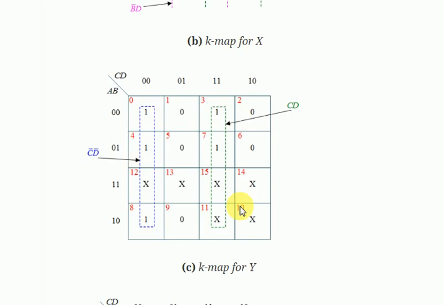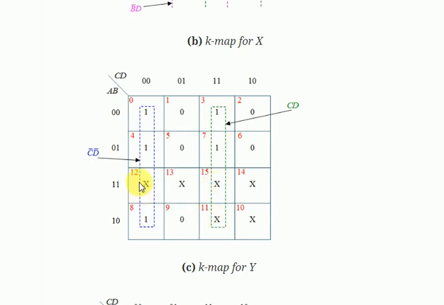Now for the Y output we have 1 at M0, M3, M4, M7 and M8. Here we get a quad of M0, M4, M12 and M8, and another quad of M3, M7, M15 and M11.